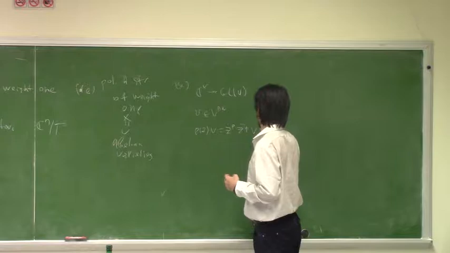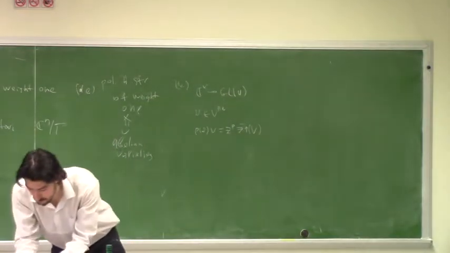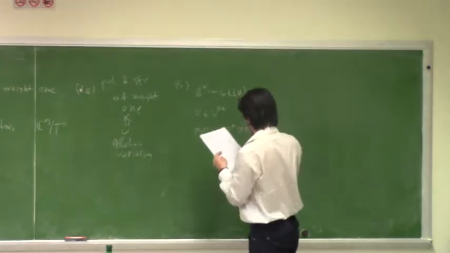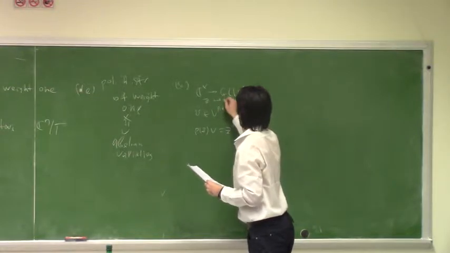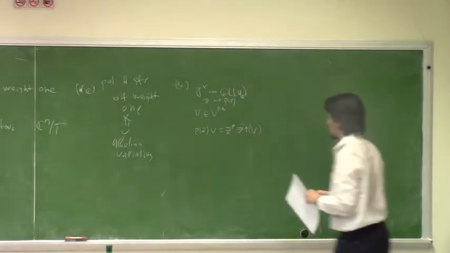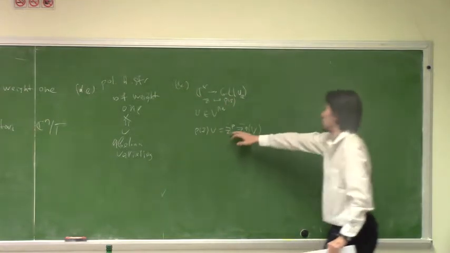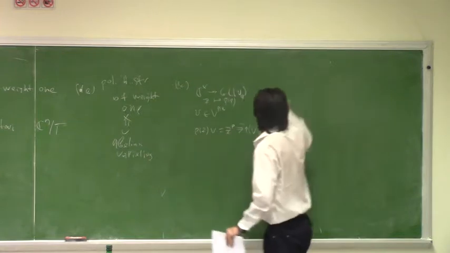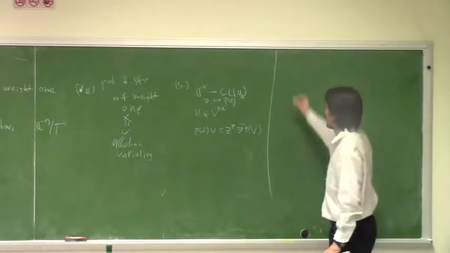If the element z is real, it is just multiplication by t to the n, where n is p plus q. Okay.